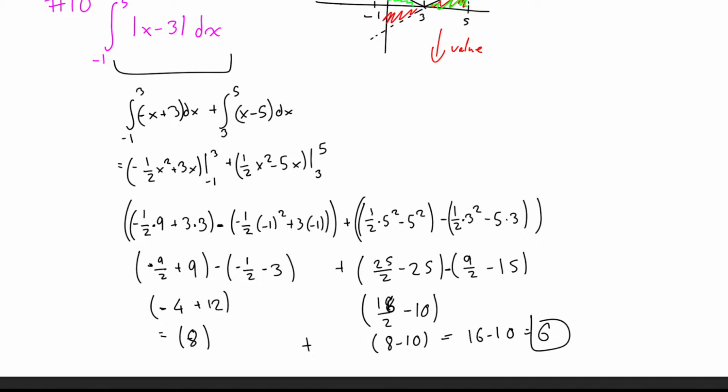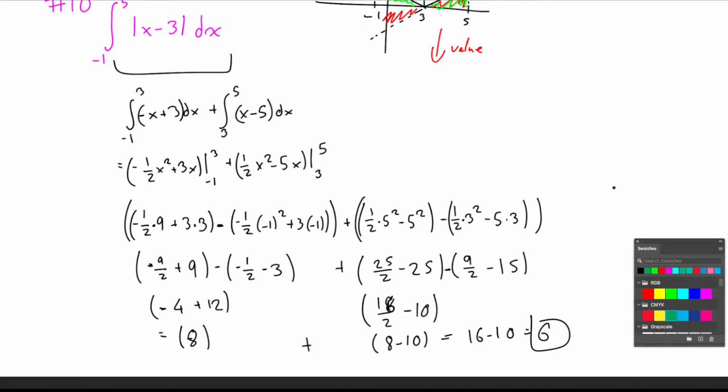That's actually quite devastating. What did I do wrong? Oh, you got negative 6. What did I do wrong?